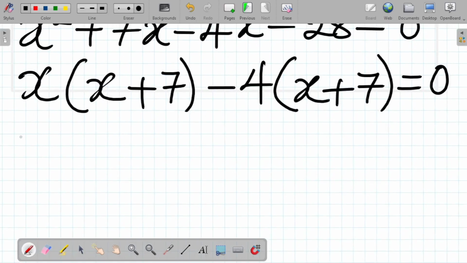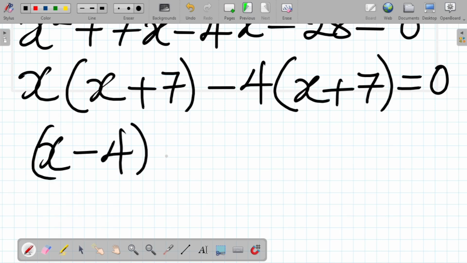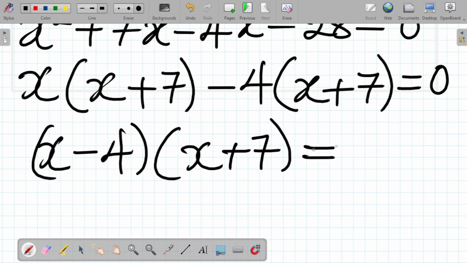So our next task here is to pick the two terms outside the bracket and multiply one of the brackets. So here we have x minus 4 multiplied by x plus 7 and then equal to 0.